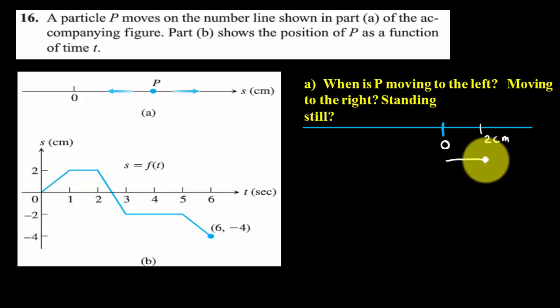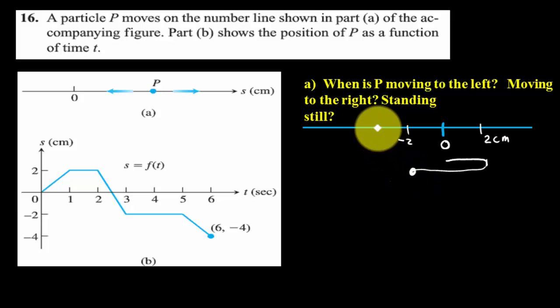And then from 2 to 3 seconds, it covered a distance from 2 down to -2. And then it stood still again for 3 to 5 seconds, then it continued going to the left from -2 down to -4 centimeters. So it went all the way to here.